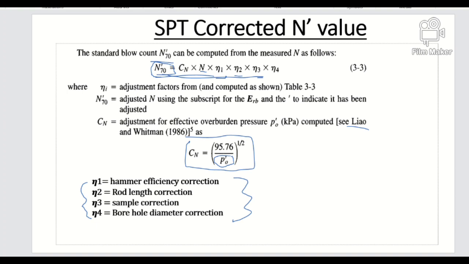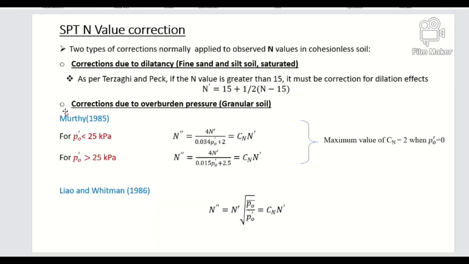And then there is another correction for fine sand and silt soil. These are saturated, so it will be corrected as per Terzaghi and Peck. If the N value is greater than 15, there must be a correction for the dilatancy effect. Because of the dilatancy effect, the strain will increase in silty or sandy material by negative pore pressure.